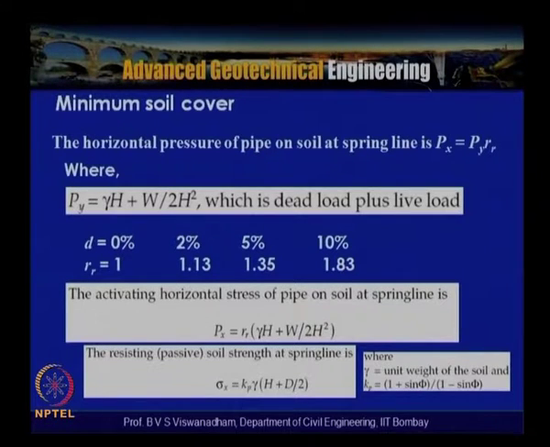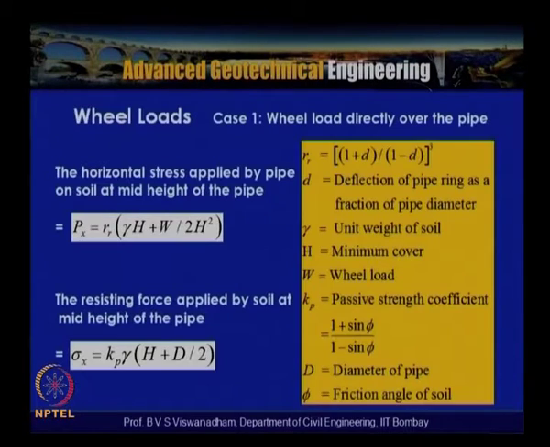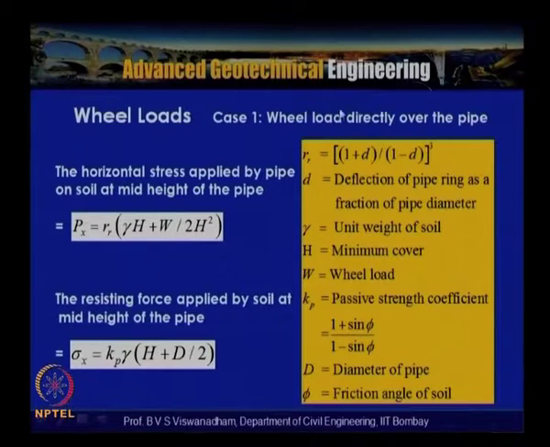So the resisting stress is sigma x is equal to Kp into gamma into h plus d by 2. The activating horizontal stress on the pipe at soil spring line is Px is equal to Rr into gamma h plus W by 2h square. So this is again the same issue described here.